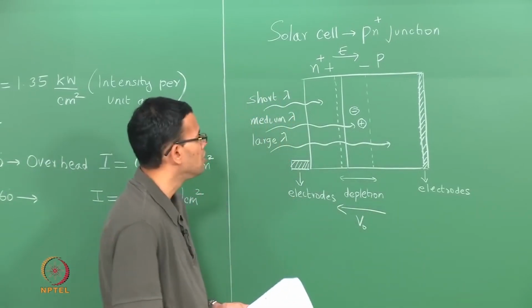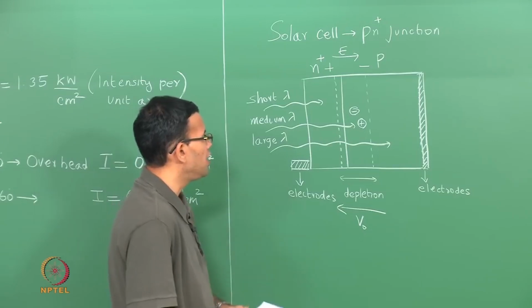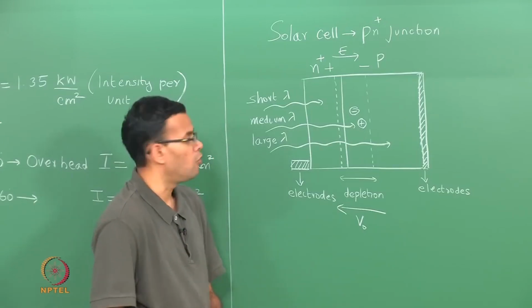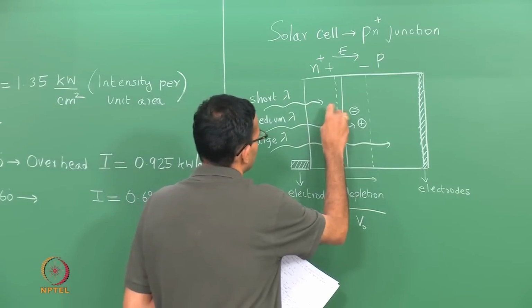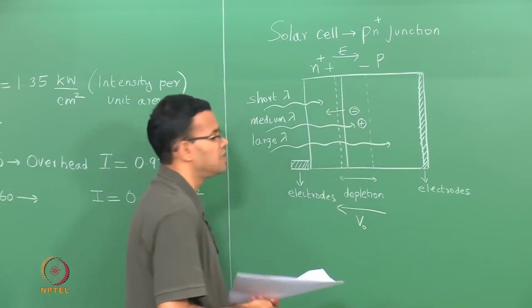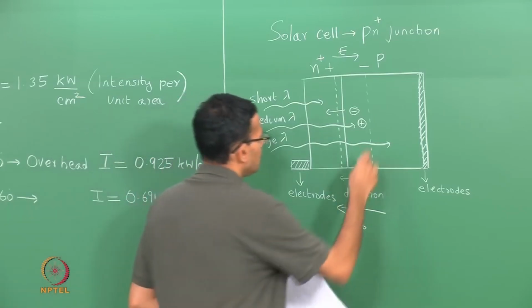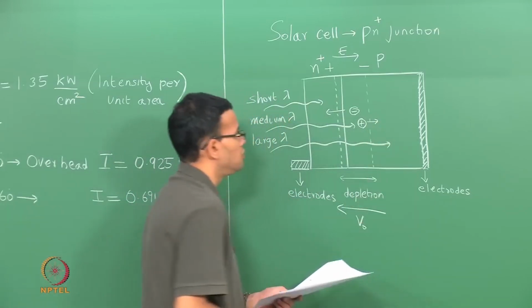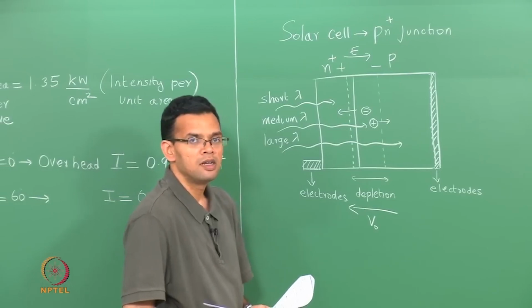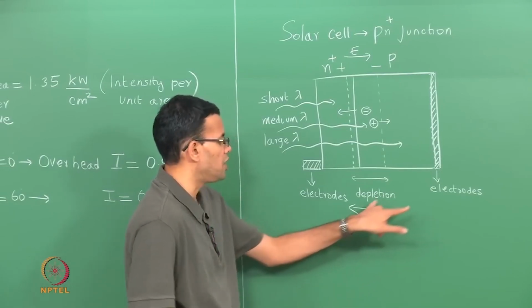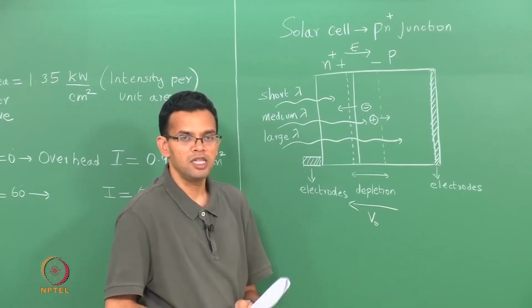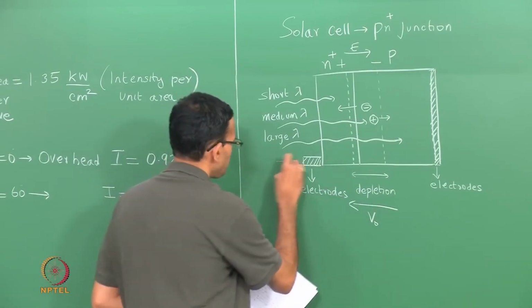So the electric field goes from positive to negative, which means there is a built-in potential or a contact potential V naught. So when the incoming radiation generates an electron hole pair, the electron is accelerated towards the n side because it sees the positive potential, and the hole is accelerated towards the p side. This means there is now a potential that develops between the p and the n regions.